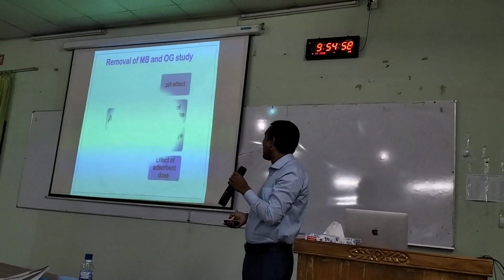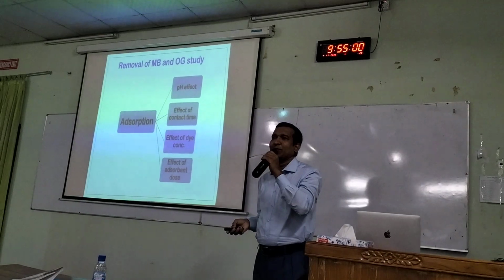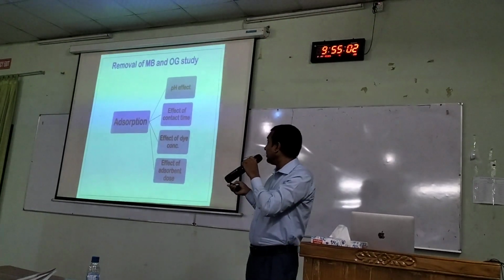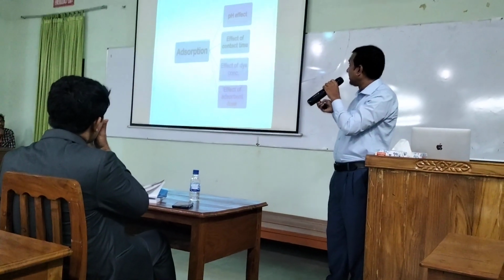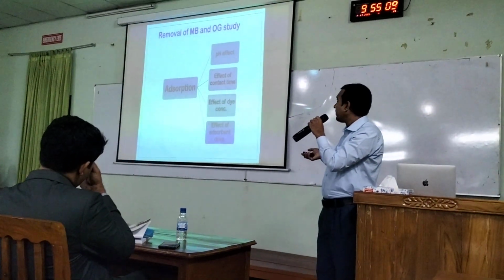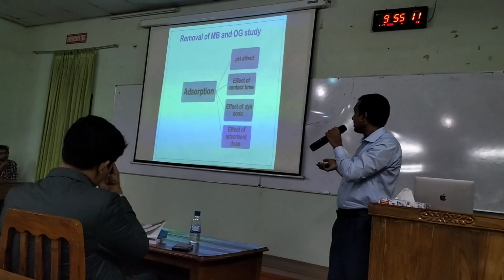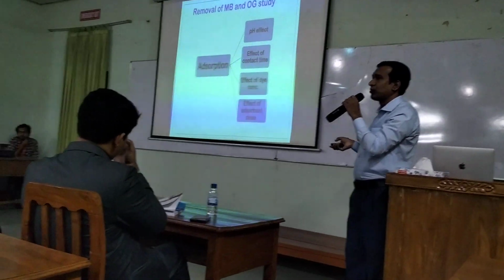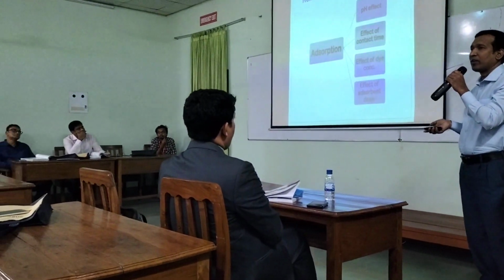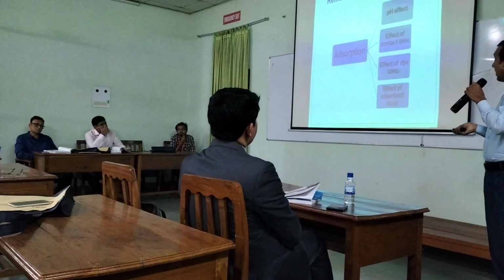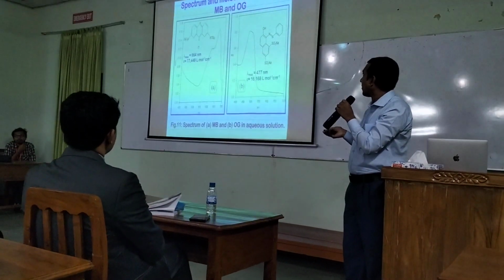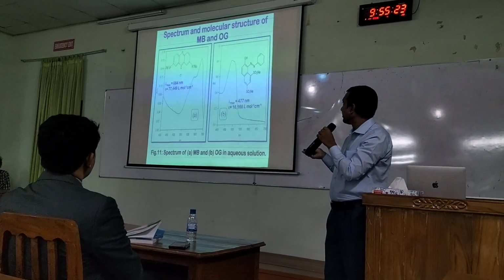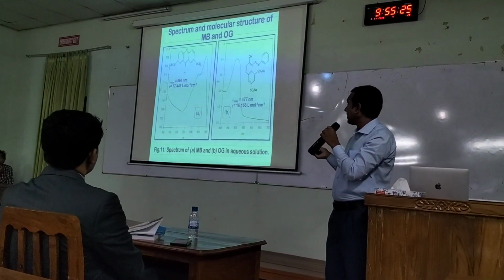Let us start our removal study. I studied the effect of pH, effect of contact time, effect of dye concentration, and effect of adsorbent dose to understand removal performance. And here is the spectra for methylene blue and orange green.